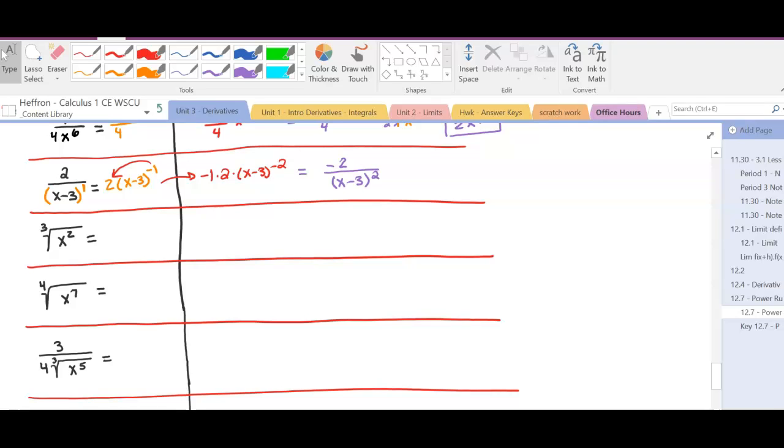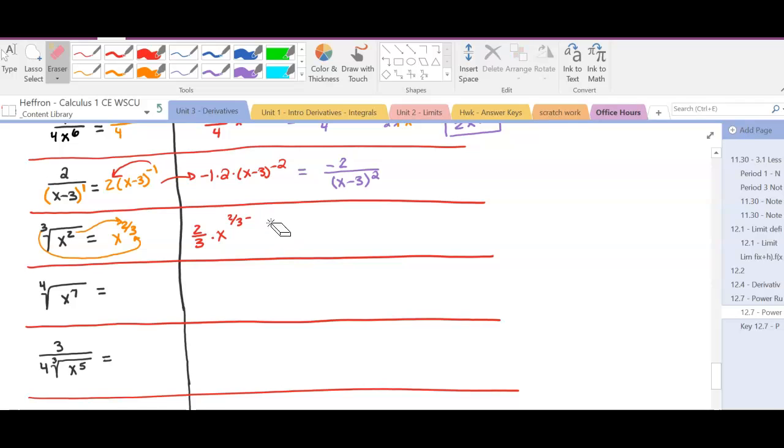Continuing on, we'll write this as x squared over 3. This is always our numerator, and this is always our denominator. So now the power rule would tell us we have 2/3 times x to that original power 2/3 minus 1.